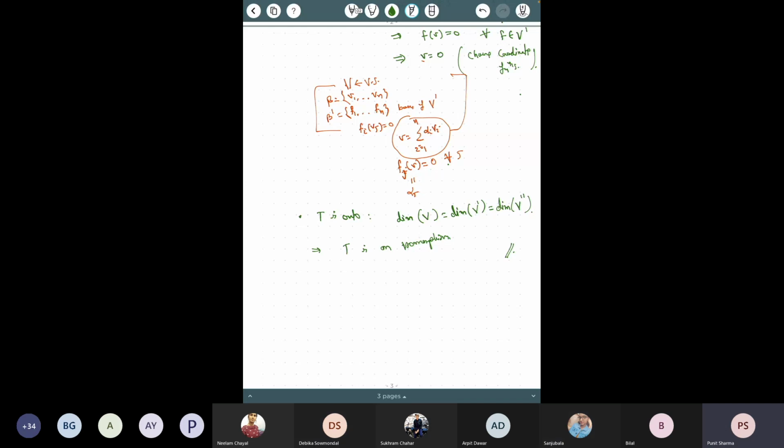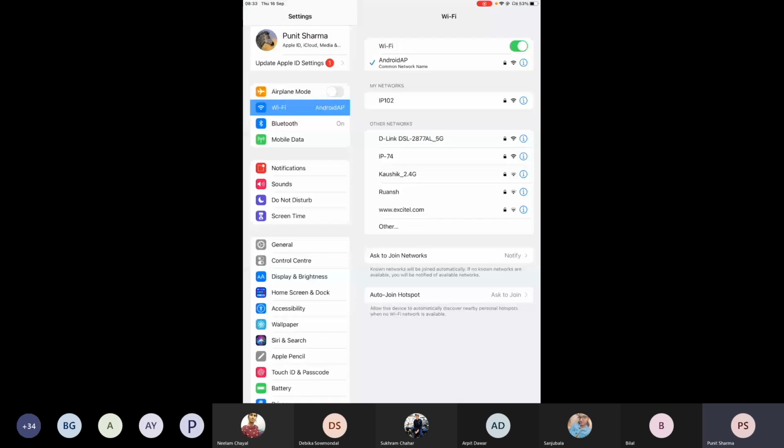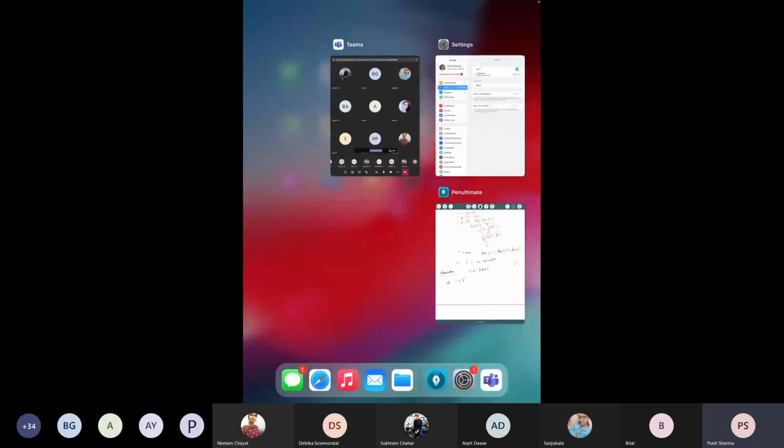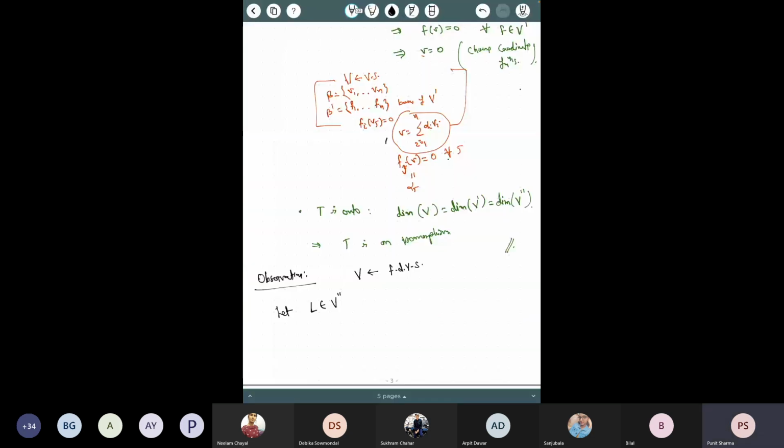Fine. So what I was saying is that let us make this observation. Suppose that we have a vector space V of finite dimension, and let us suppose that we have a vector in V double dash. So vectors are of this form here. Let's say any element L in V double dash.